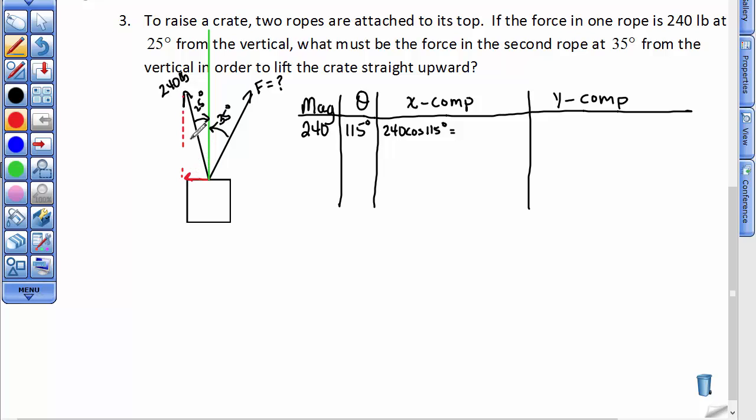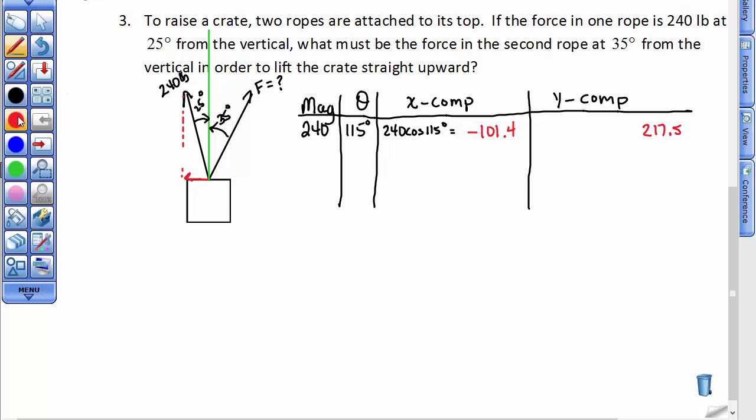I'm going to have to grab my calculator because I know that I didn't do all of these components. But I do know that I have this one, but I'm just going to check real quick. So 240 times the cosine of 115 is a negative 101.4. What I haven't calculated is 240 times the sine of 115 degrees, and I'm going to go ahead and show that as 217.5 pounds acting upward.